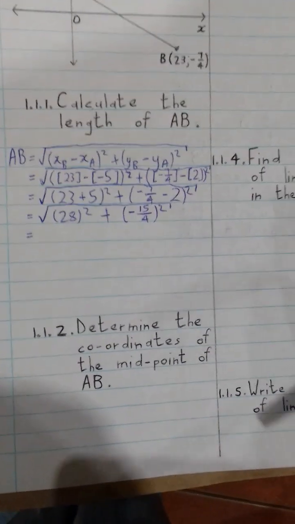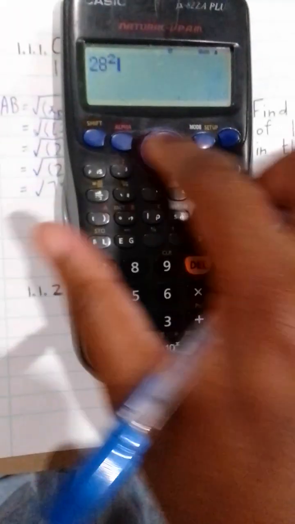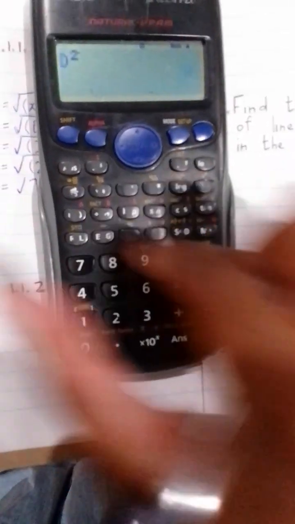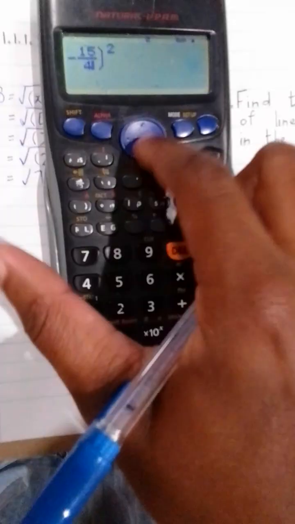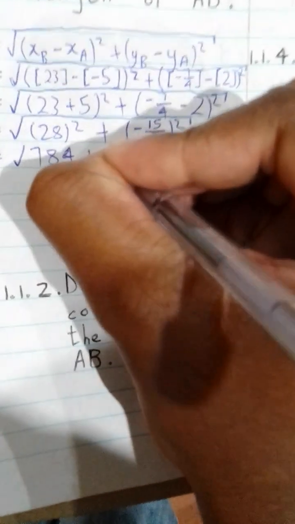What is 28 squared? 784, plus negative 15 over 4 squared, 225 over 16.